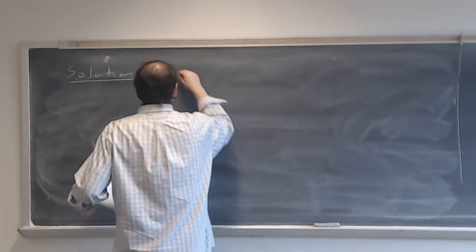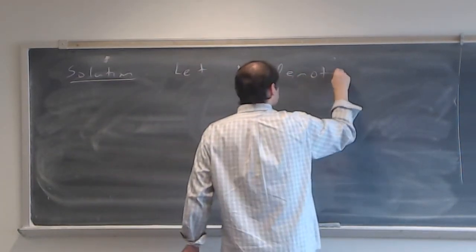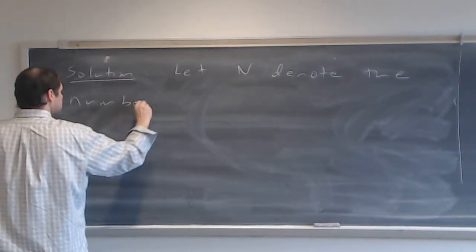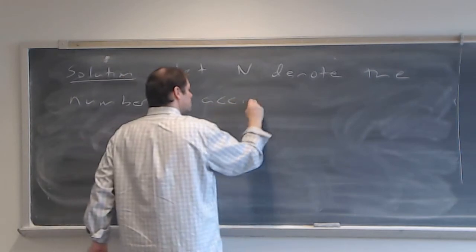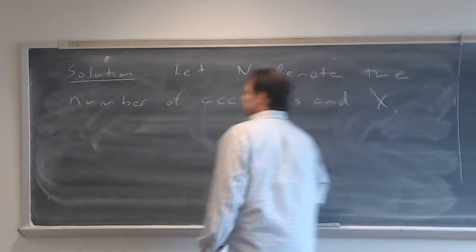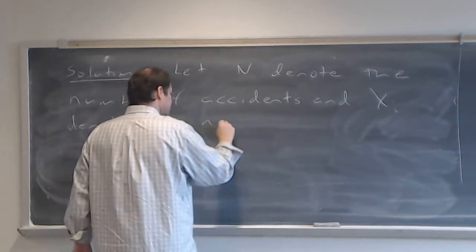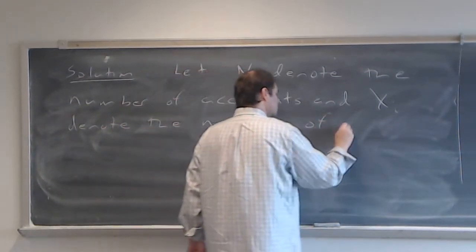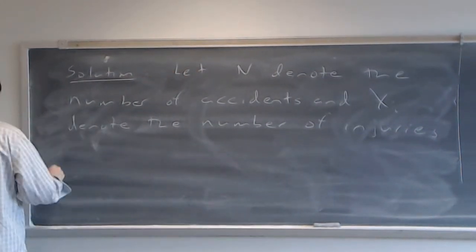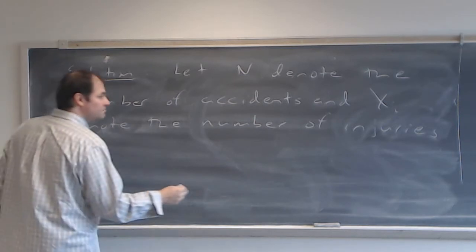We're going to let N denote the number of accidents, and X sub i denote the number of injuries in the i-th accident, the number injured.